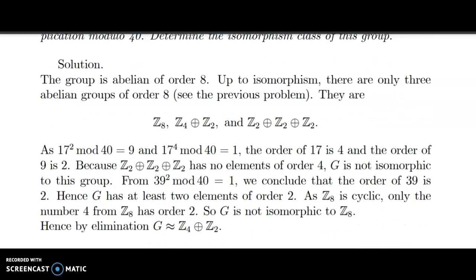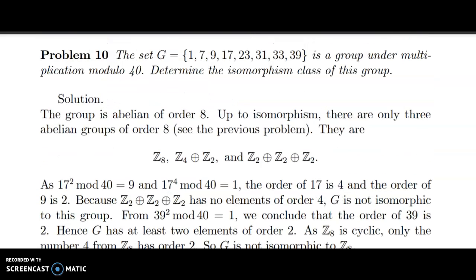To see which one, we compute orders of elements of G. Because isomorphisms preserve orders of elements, this will allow us to eliminate some of the groups. 17 squared mod 40 is 9. 17 to the 4 mod 40 is 1.